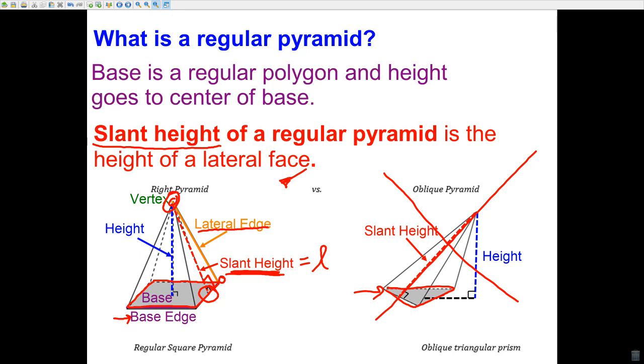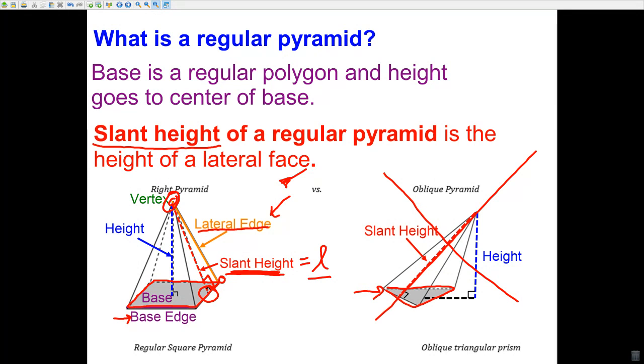So that's what its definition is. It goes from the vertex to a side of the base to where it creates a right angle, okay? And so that's what we're going to use in our formula, this lowercase l. We are not really going to use this lateral edge as much, okay? So good to know what slant height is. Okay, and you will apply this to triangular ones too.